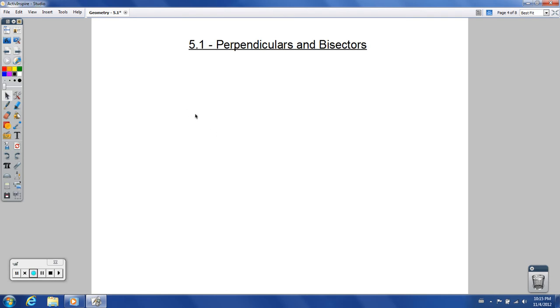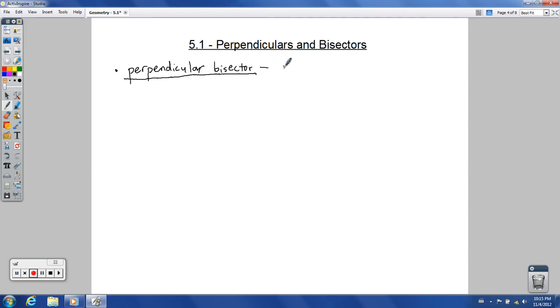5.1 perpendiculars and bisectors. Here's what we got to start. Well, first of all, what is a perpendicular bisector? Let's define that. So perpendicular bisector, what's a perpendicular bisector?